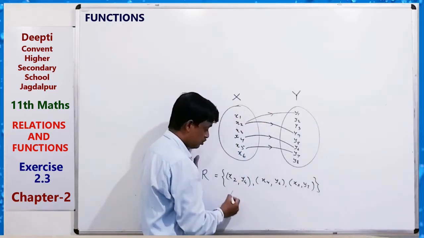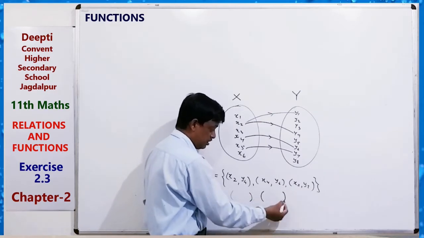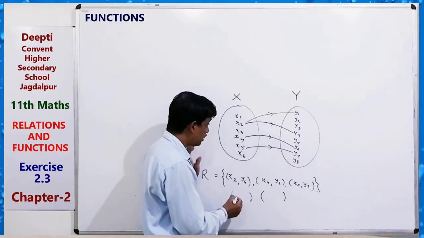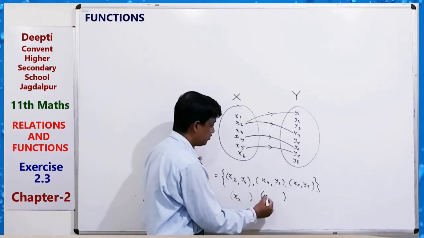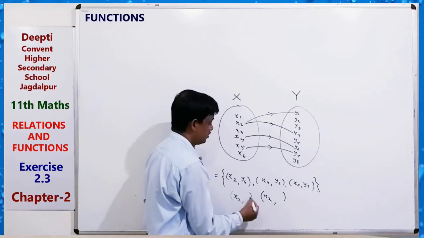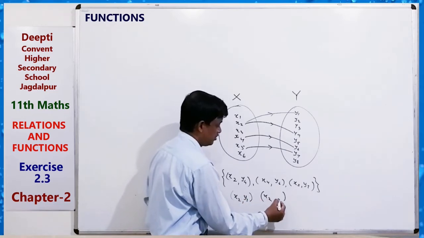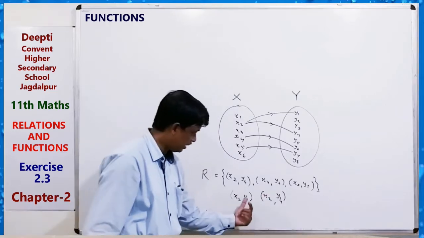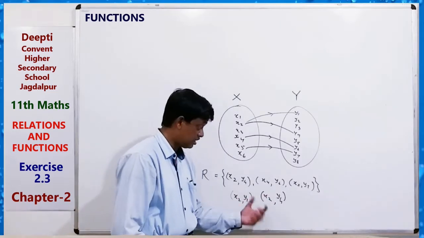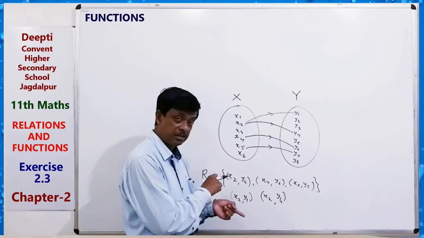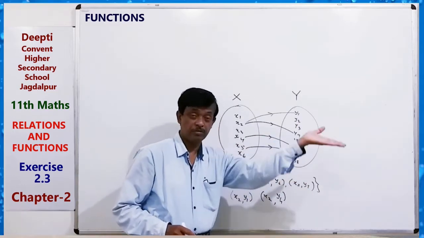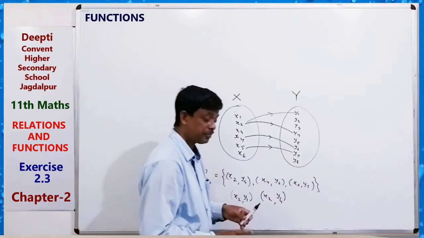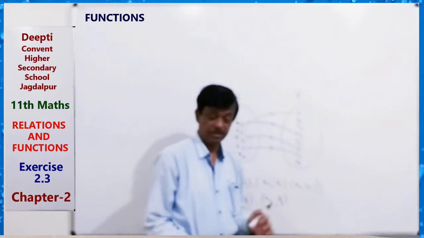That means there should not be an ordered pair in which the first elements are the same but the second elements are different. This type of ordered pair should not be contained in the special type of relation for a function.